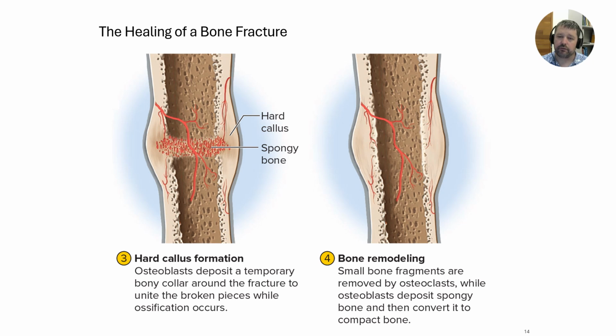That spongy bone depends on where it's at. It may still reside in the middle, but after a period of time, that spongy bone is converted into compact bone, and that callus will be deteriorated. So osteoclasts will come in and start removing that callus.